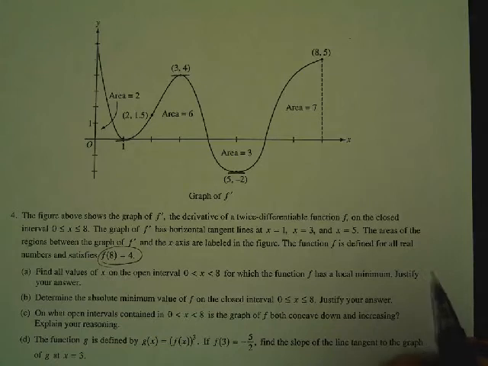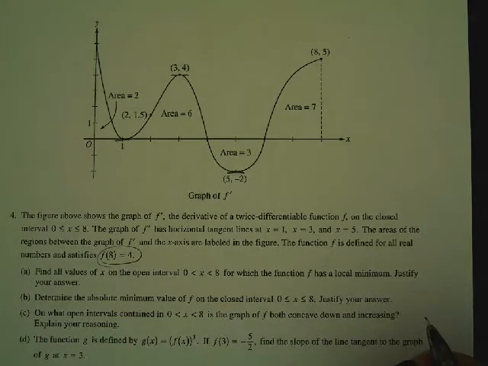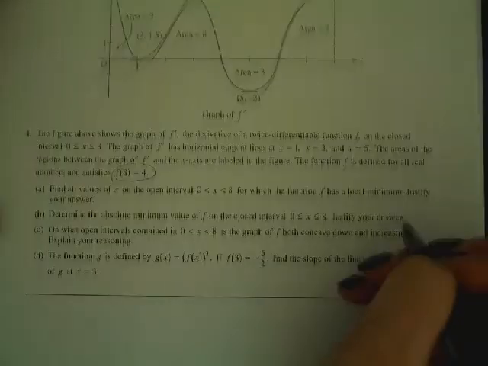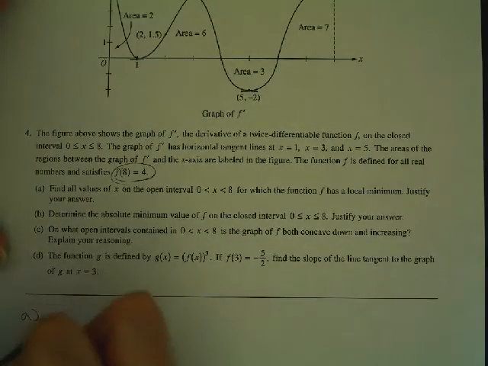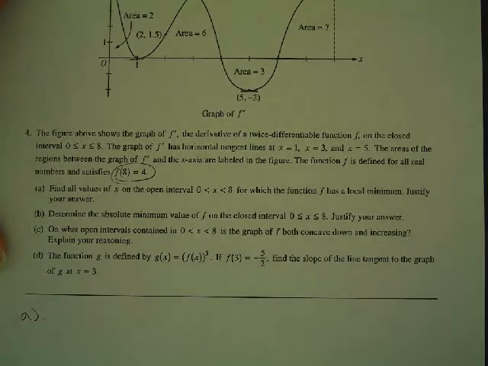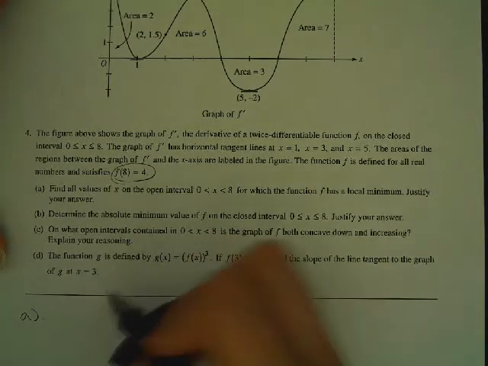All right, so now they want us to find all values from 0 to 8 where there's a local minimum, and they want us to justify the answer. So a local minimum or a relative minimum is going to come where the derivative, f prime, switches from a negative value to a positive value, because that means that the original graph was decreasing and then increasing.